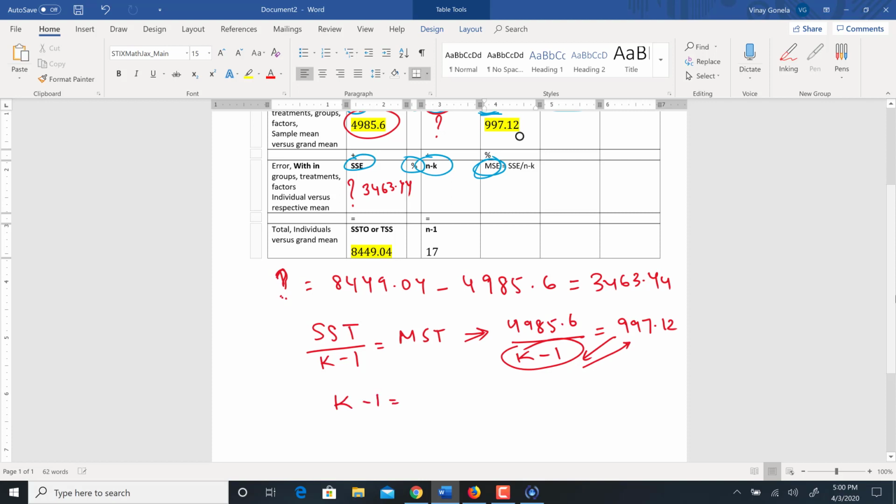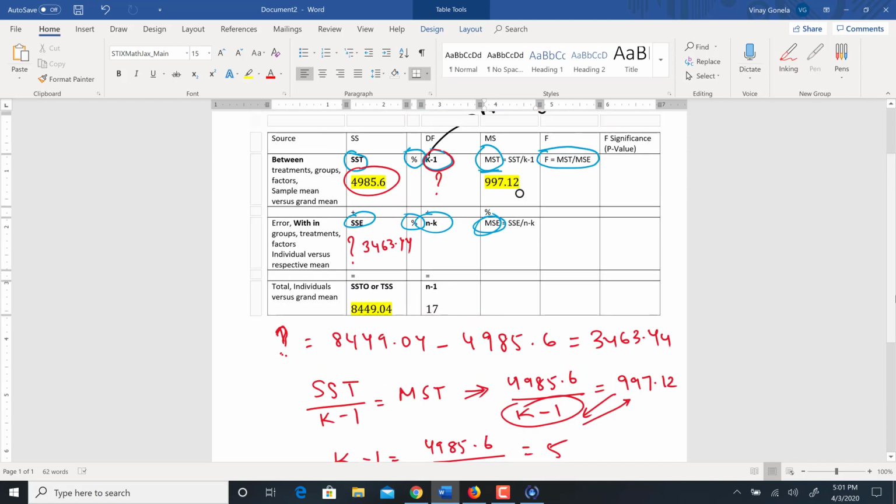So k minus 1 would be 4985.6 divided by 997.12, which is 5. So this value here is 5.